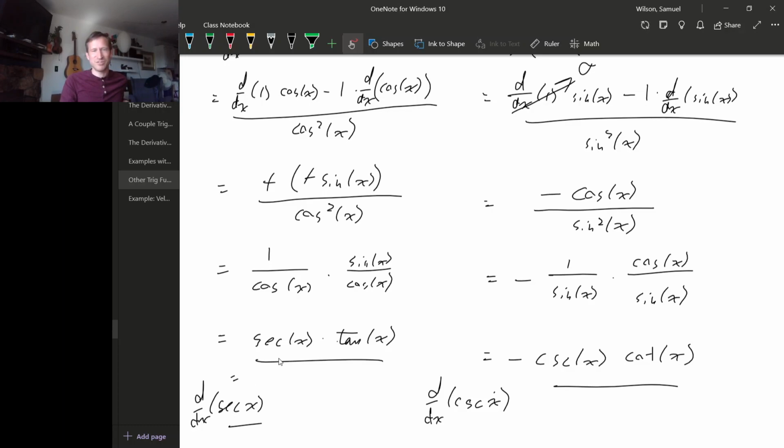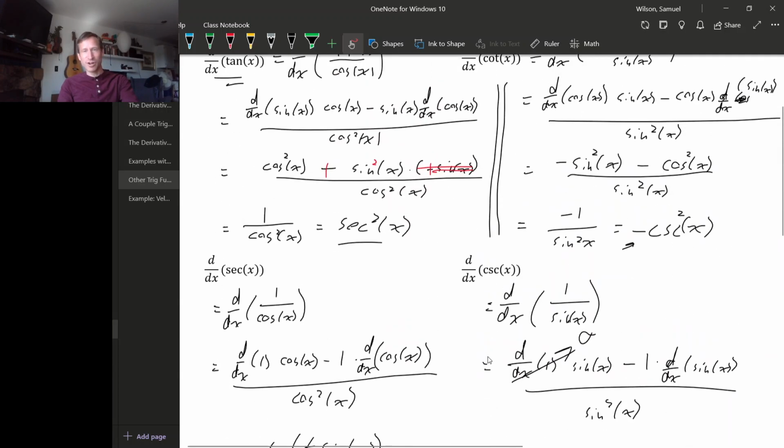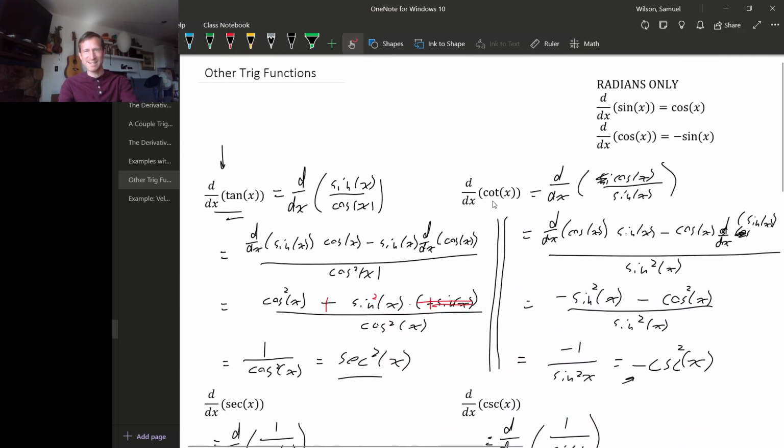So to turn the derivative of secant into the derivative of cosecant, you take the derivative of secant and you put a co in front of each piece, right? Secant becomes cosecant, tangent becomes cotangent, and then you also stick a minus sign in front. That's also true for cotangent up here, right? To get the derivative of cotangent from the derivative of tangent, you stick a co in front and you put a minus sign in front as well.